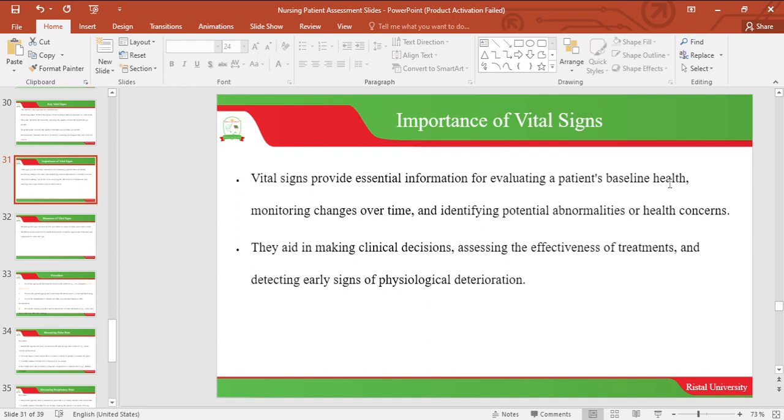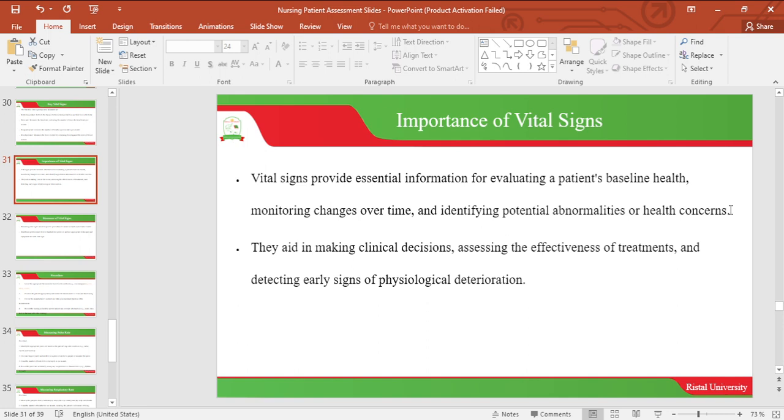That is the first day the patient came in. Then later on, as the subsequent days pass by, when the temperature is taken again, it could be 38 degrees centigrade. So it means that there is a change that has occurred from the patient's first temperature. So vital signs help to monitor changes over time and identify potential abnormalities or health outcome.